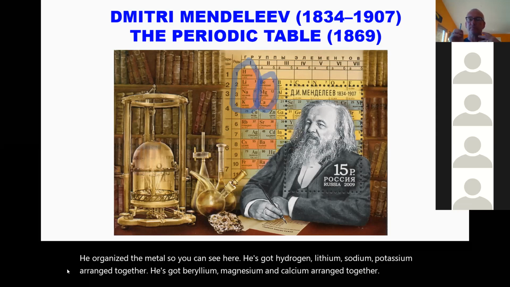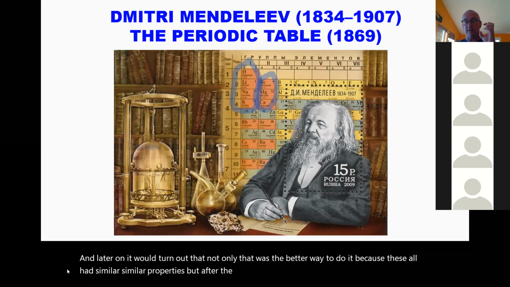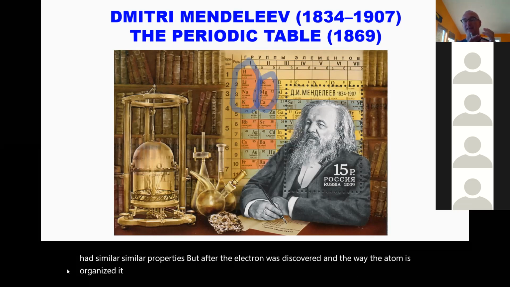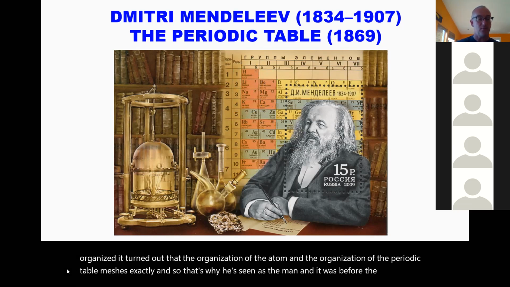And later on, it would turn out that not only was that the better way to do it, because these all had similar properties, but after the electron was discovered and the way the atom is organized, it turned out that the organization of the atom and the organization of the periodic table meshes exactly. And so, that's why he was seen as the man. And it was before the Nobel Prize was invented, or he definitely would have won one.